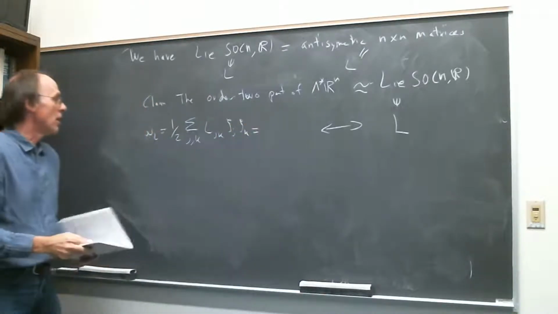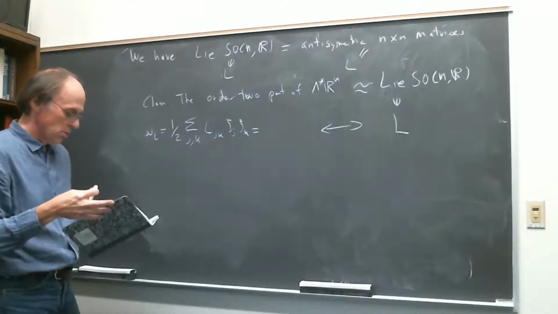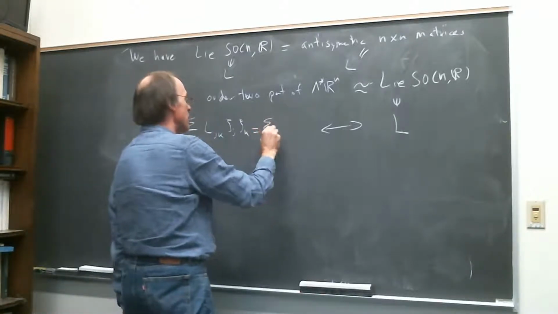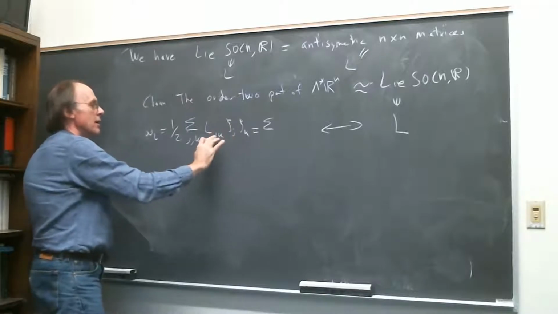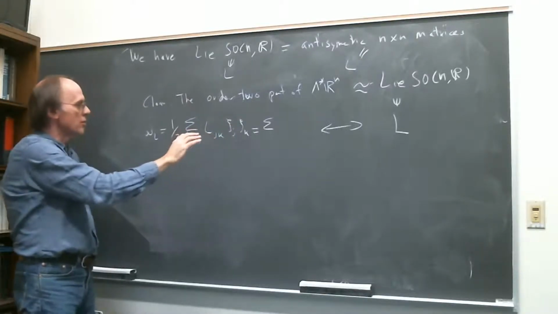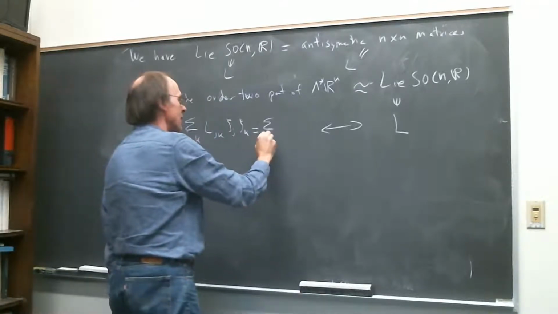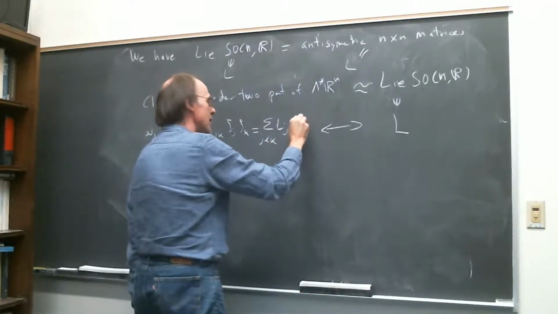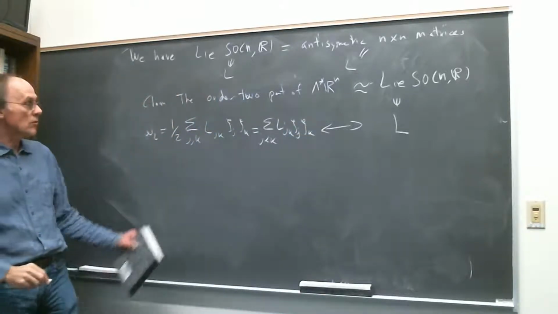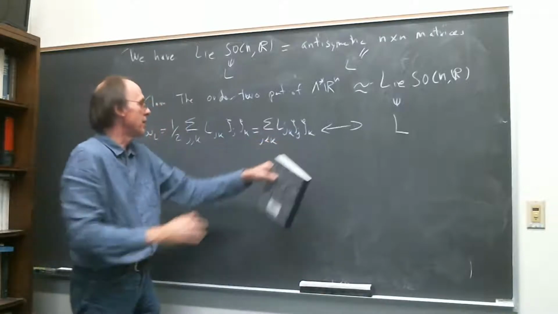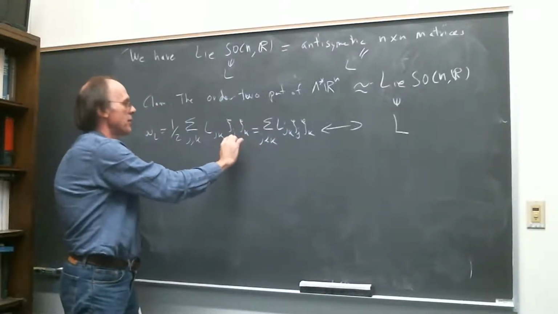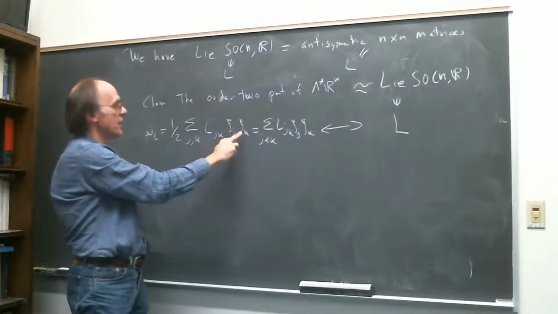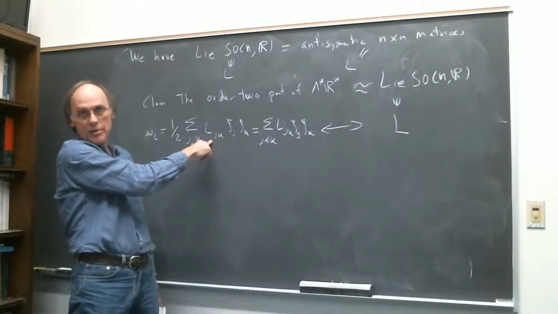Or if you want, you can write it as the sum over j less than k, and then you don't have this half: L_jk psi_j psi_k. The full sum is kind of double counting, because when you interchange j and k you pick up a minus sign, but L is antisymmetric, so there's another minus sign.